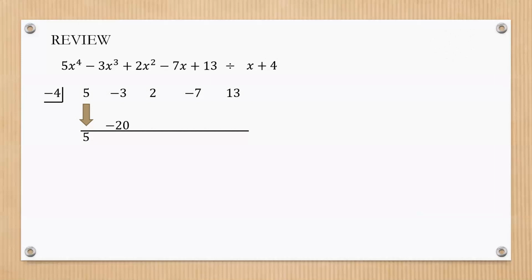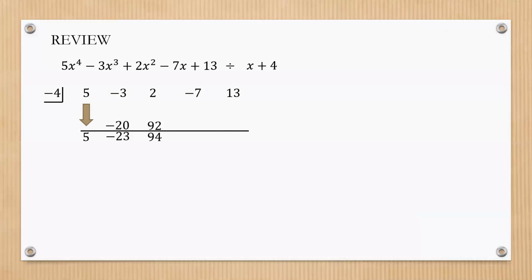Simple lang, umutang ka ng 3, umutang ka ng 20, ilan ang utang mo? Siyempre, 23, so utang pa rin. Okay, so negative 23 multiplied by negative 4, so this is positive 92. Okay, calculator lang to. So 2 plus 92 pala, this is 94.